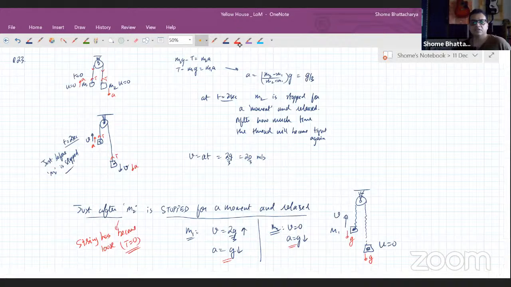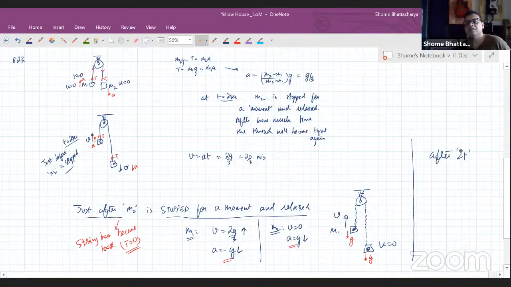Now if I see after some time, after another delta t time from here, this block would have fallen by a displacement of S2, and this block would have gone up from where the string had just become loose, by let's say S1. At the moment when the string becomes tight, S1 should be equal to S2.